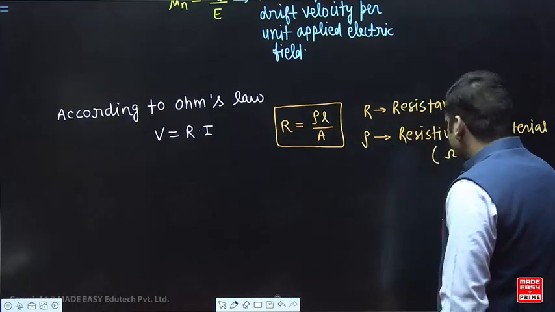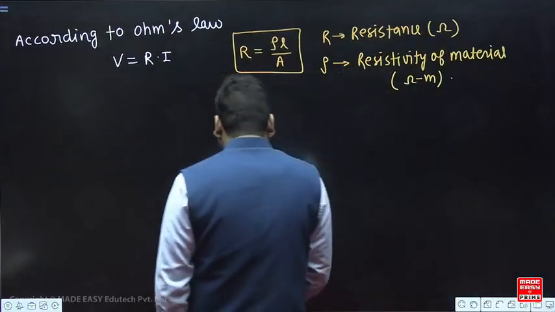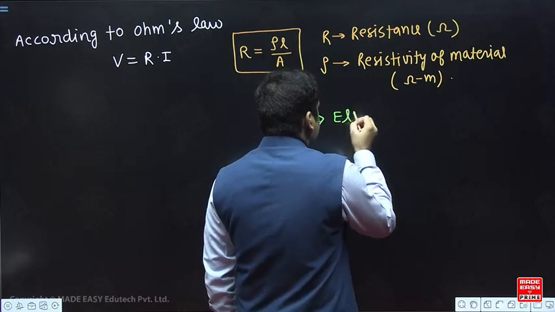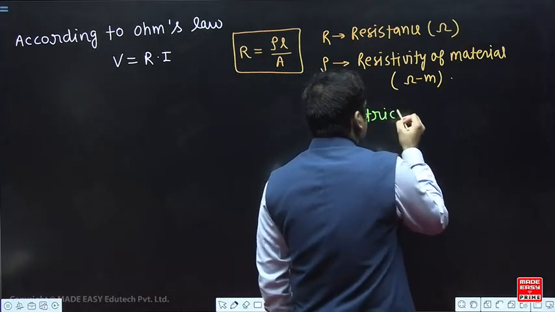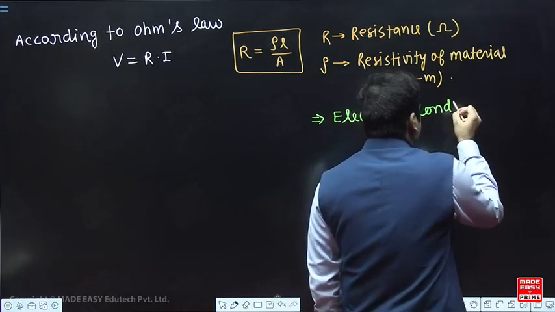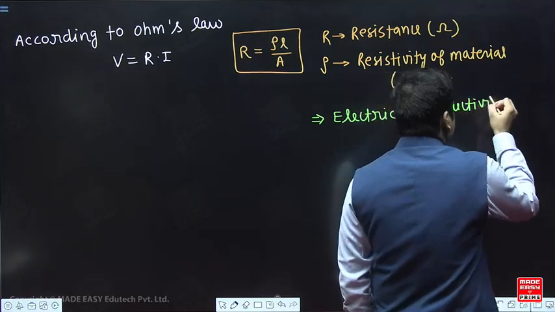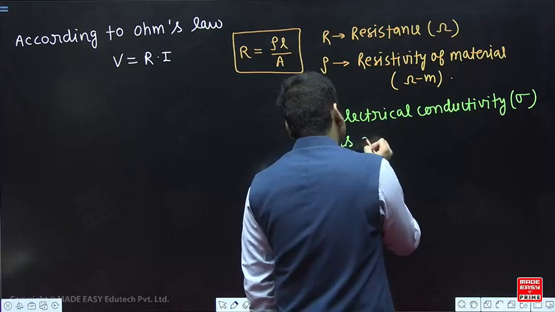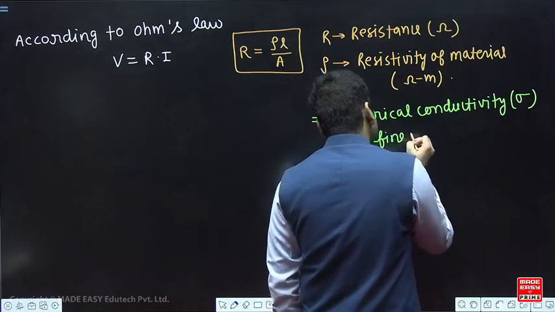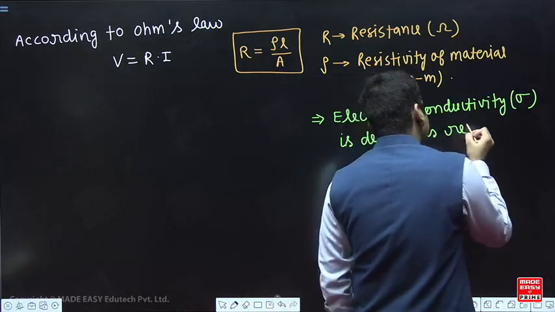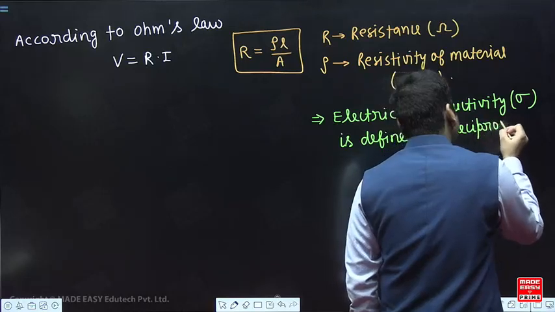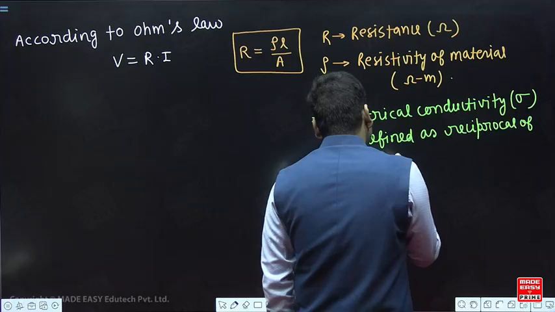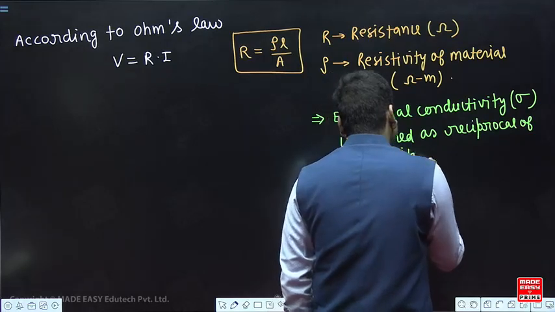Here we define a very important quantity that is known as electrical conductivity. Electrical conductivity, which will be denoted as sigma, is defined as reciprocal of resistivity.